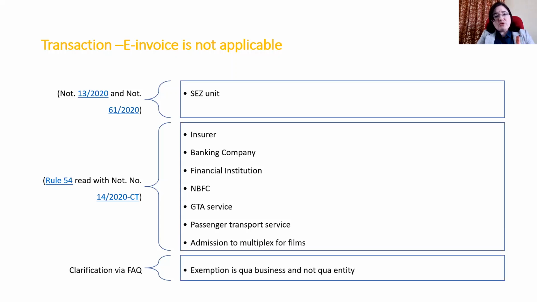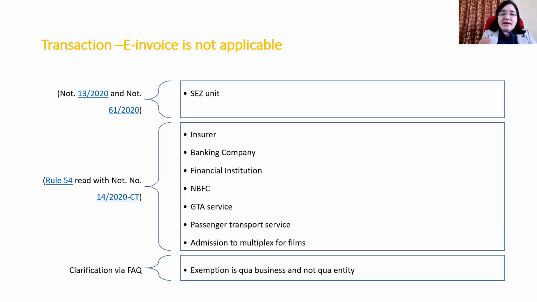The second key aspect is that it is clarified that the exemption given is not entity-wise. The exemption given is not for the entity but for the business. So what does that mean? It means if you are a banking company under the exemption category and you are providing banking services, then definitely you are not required to generate e-invoices.